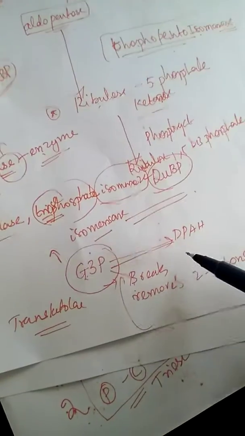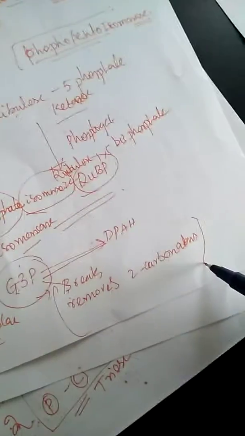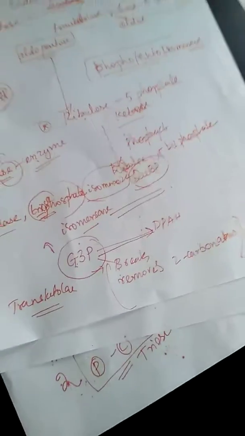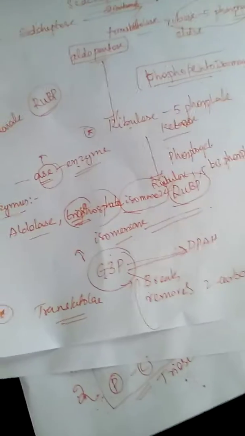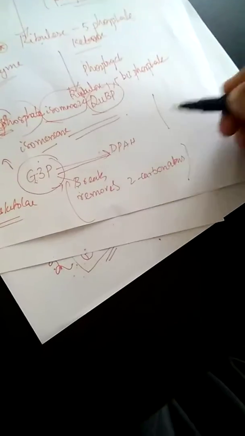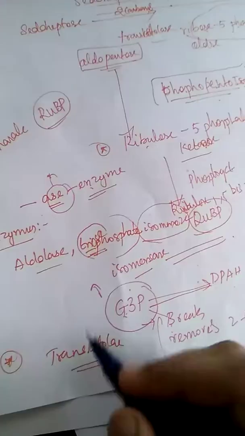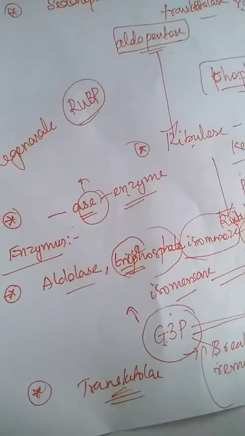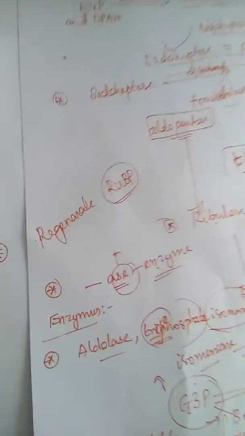It removes 2 carbon atoms from this chain. So transketolase is a very important enzyme.